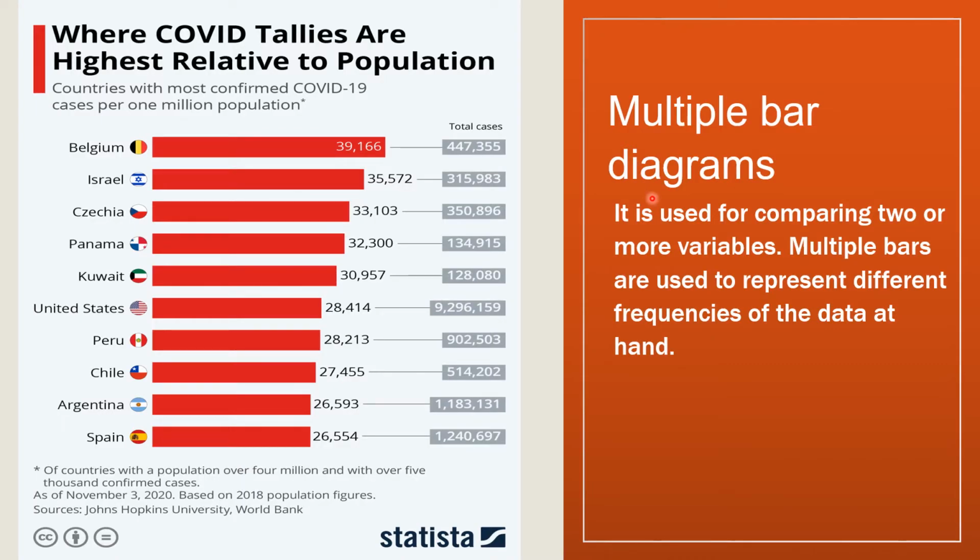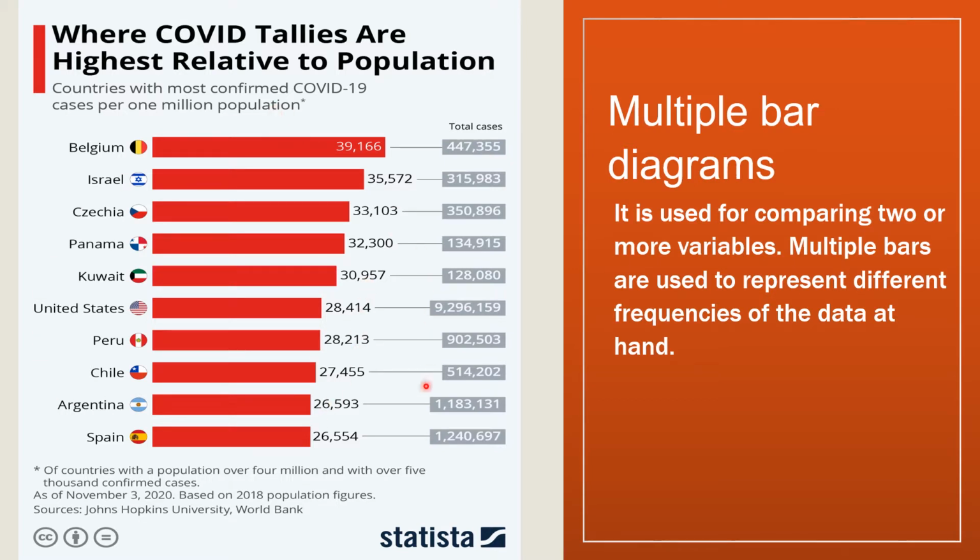Let us begin with the second type of geometric diagram, which is the multiple bar diagram. A multiple bar diagram is used for comparing two or more variables. Multiple bars are used to represent different frequencies of the data at hand.